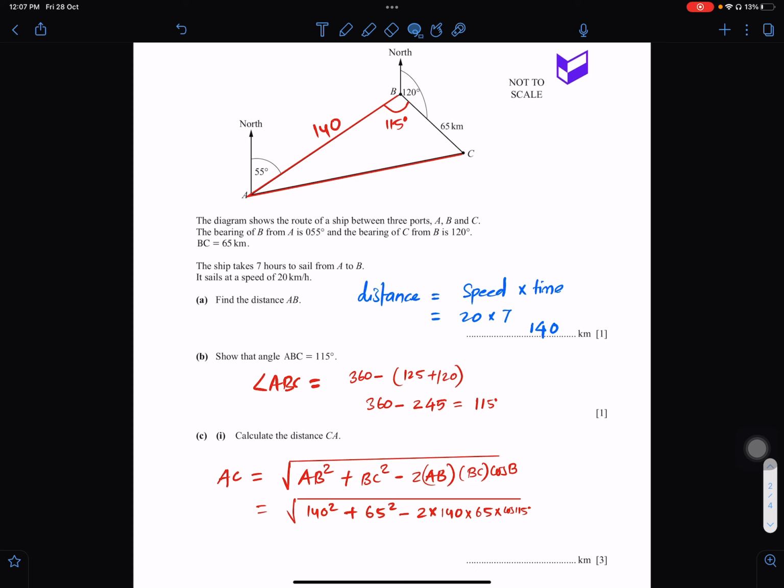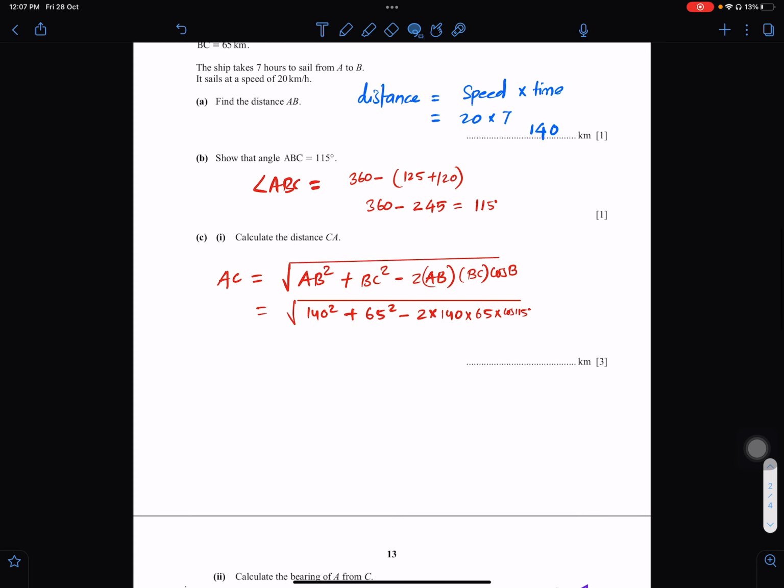What I get is 177.529. I have to express this answer to 3 significant figures, so I will take it as 178 kilometers.